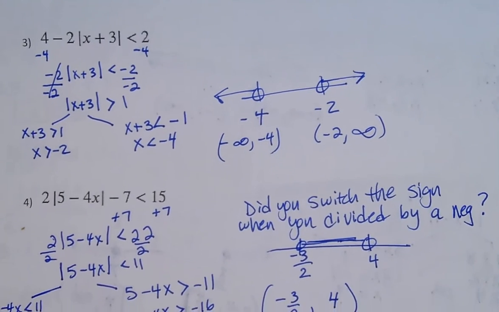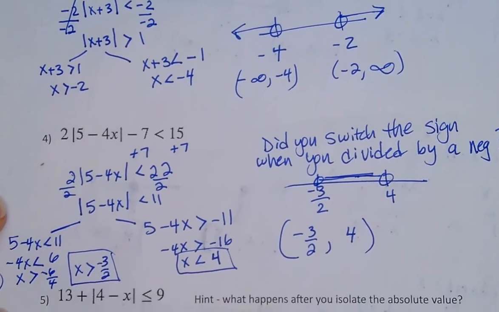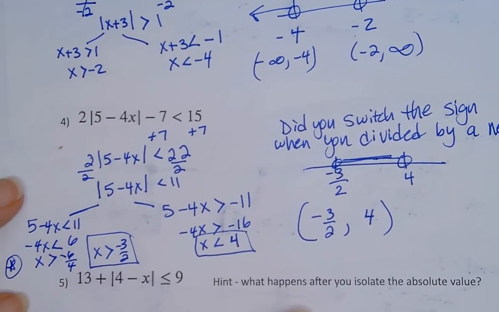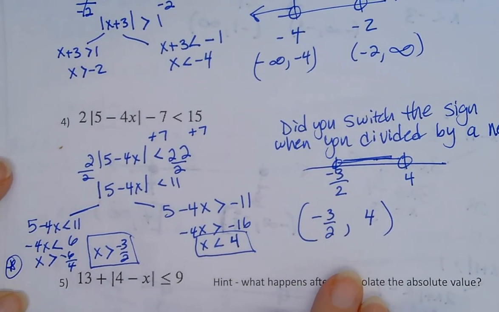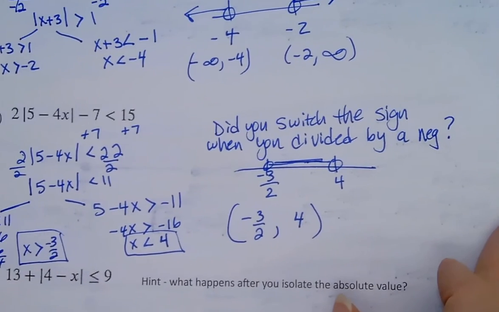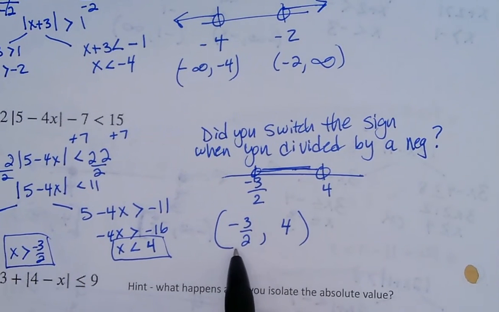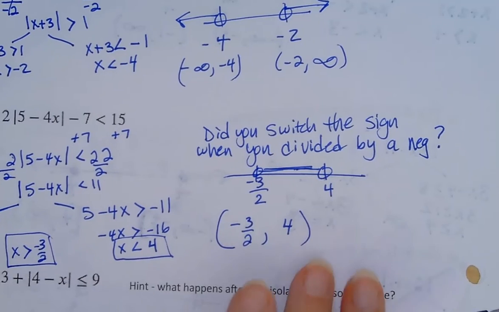Oops, you can't quite see my answer there. Did you remember that if you divide each side by a negative number, you have to change the direction of your sign? Make sure you switched your sign. Okay, we end up with negative 3 halves as one endpoint and 4 as the other.